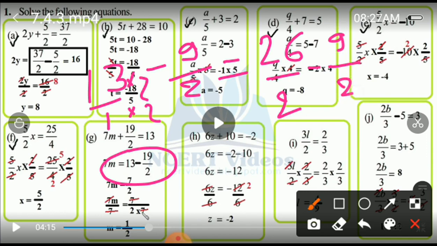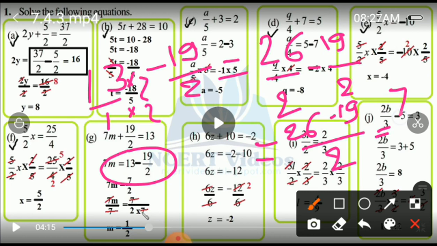Now both denominators are common, 2. Take it common one time. 26 minus 19, who will do it first? 26 minus 19 is 7. Yes, 7/2. Correct, right?